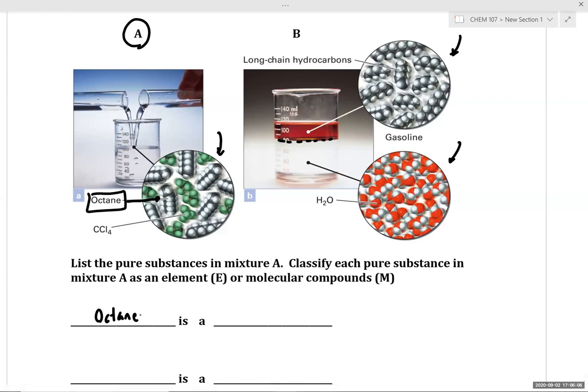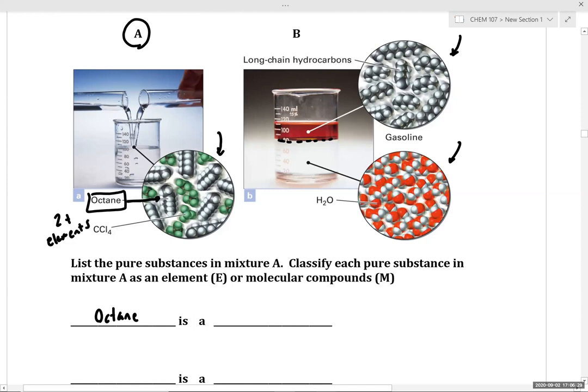Do we see one element or multiple elements? So looking at octane, do we see one color or multiple colors in its structure? So looking at octane, we definitely see two or more elements.